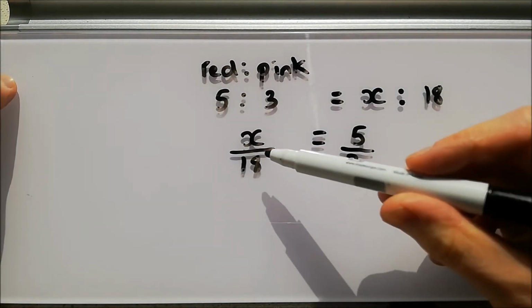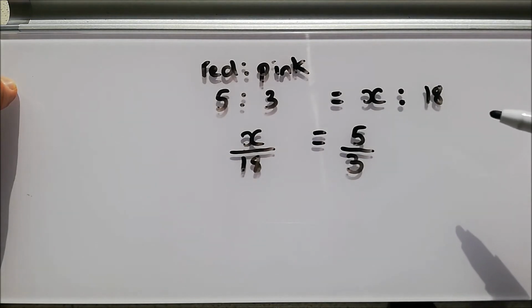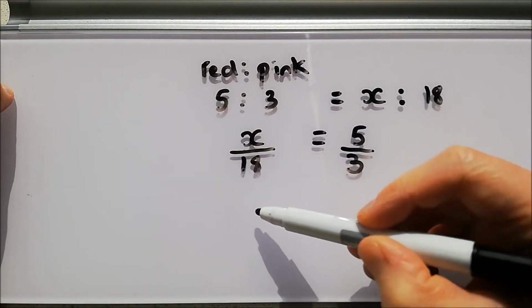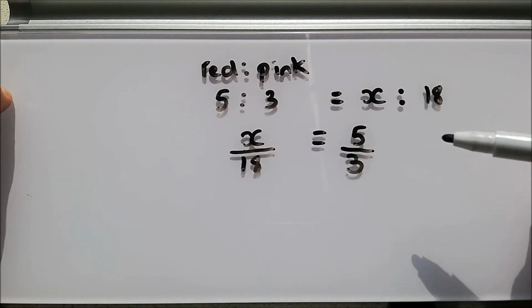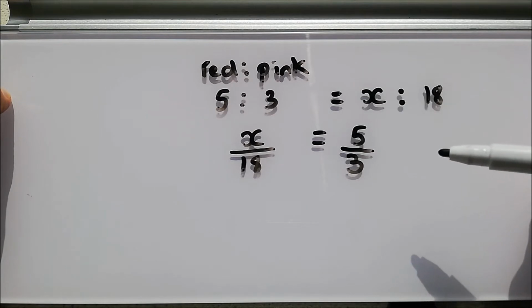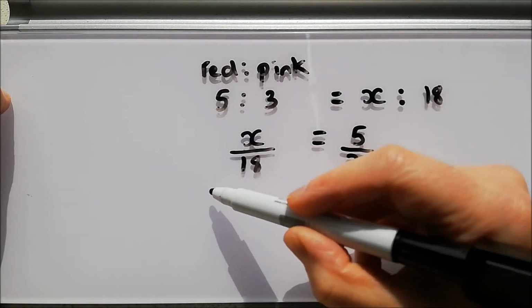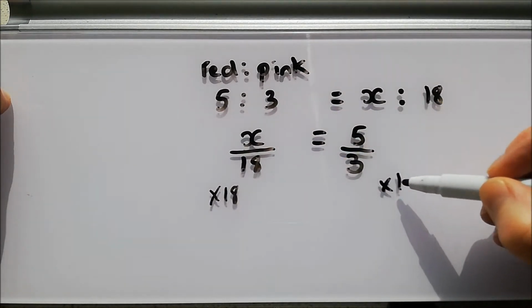We would then solve this using algebraic methods. If you don't know at the moment how that would be solved to get to X equals a number as your answer, then don't worry about it at this stage because I am going to cover algebra in a lot of detail at a later date. However, for those of you who do know and who can follow it, to undo a fraction, we times out by the denominator.